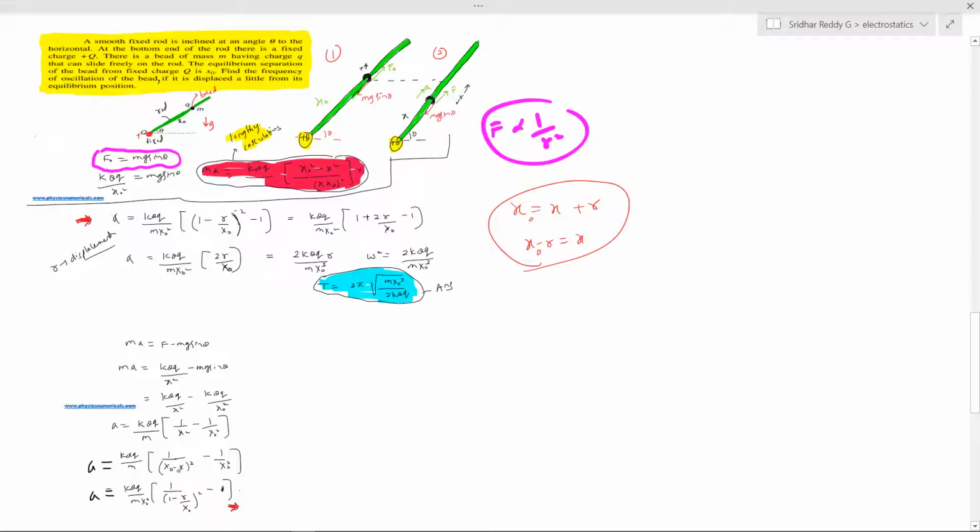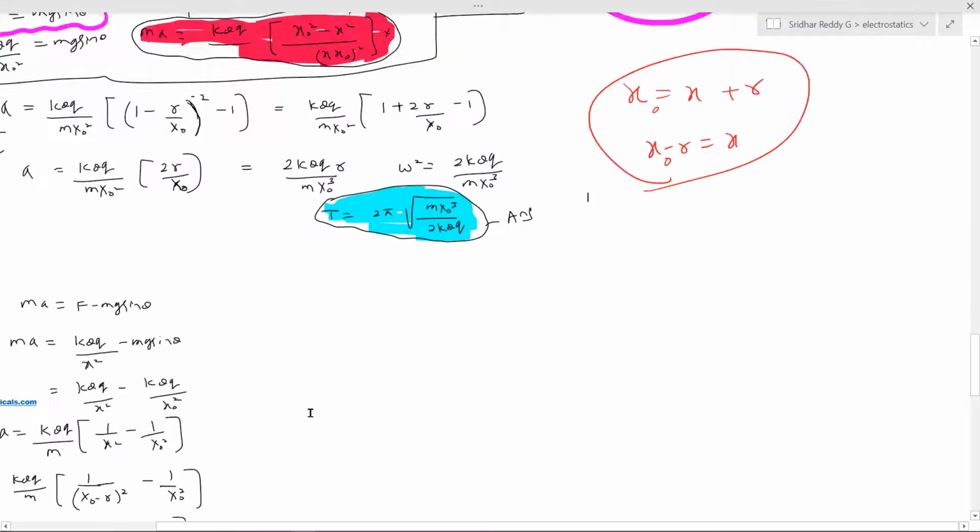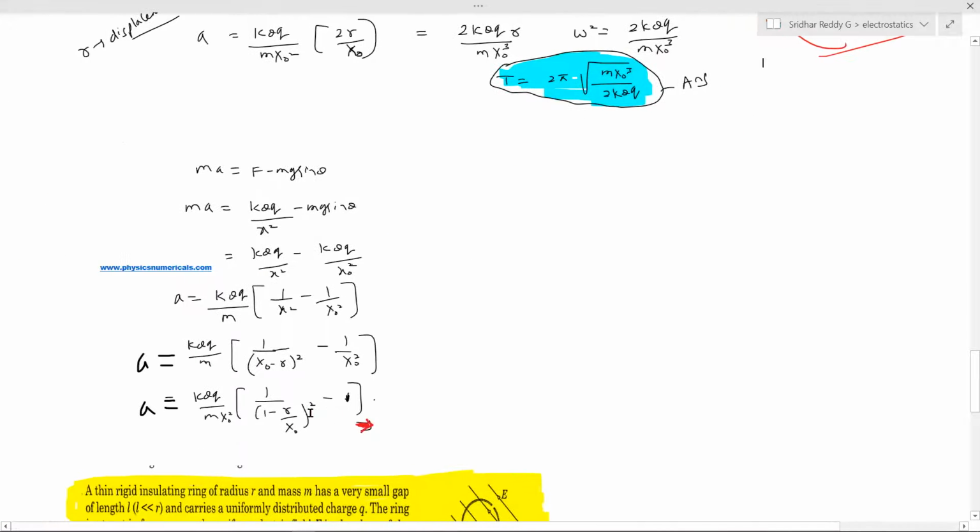Okay, let me take x naught common. Some of you are telling, sir, not visible. Okay, now I think fine. Let me take x naught common. So x naught square times 1 minus r by x naught, whole square. I'll send this to the numerator.